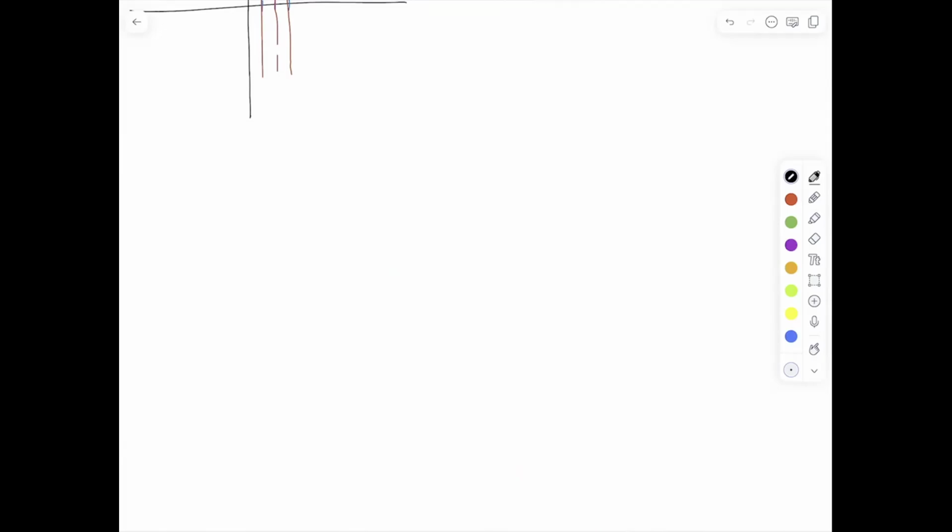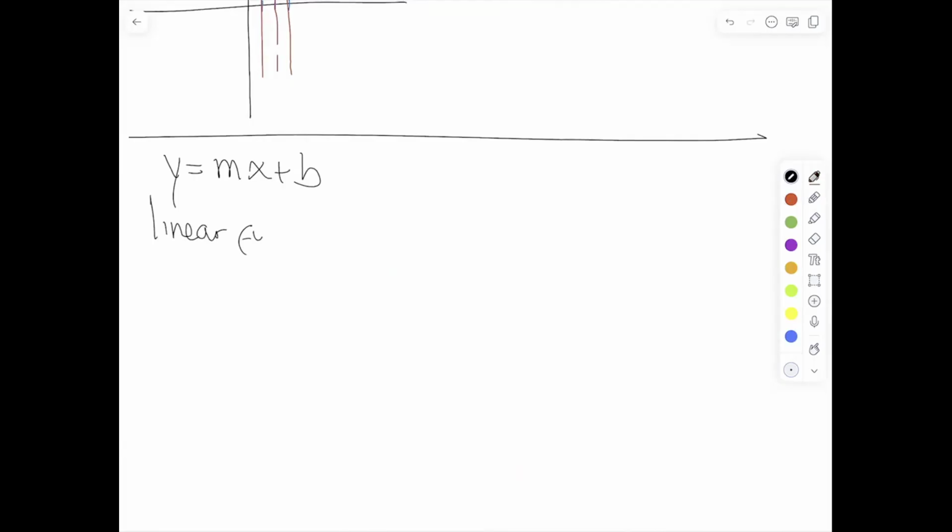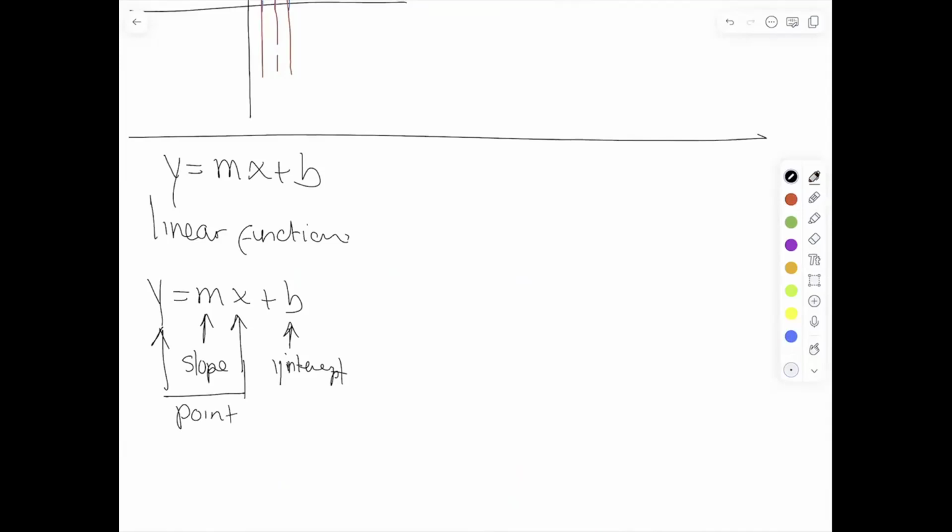So now, up until this point, we've learned about linear functions, right? This is a linear function. How do we know it's a linear function? Well, because this is the slope. This is a y-intercept. And this here, the x and the y, this is a point, correct?